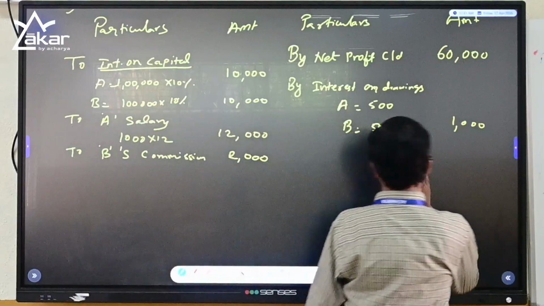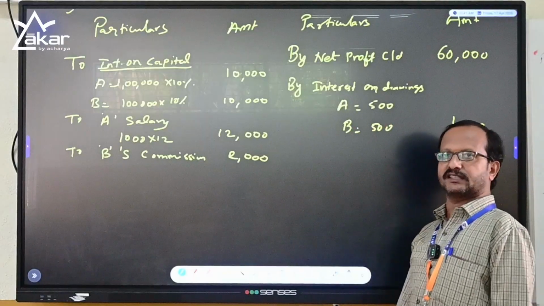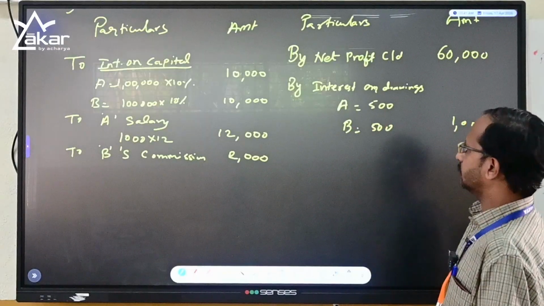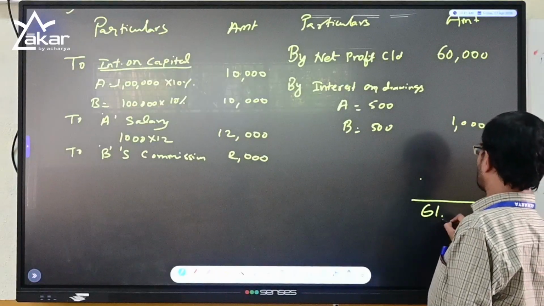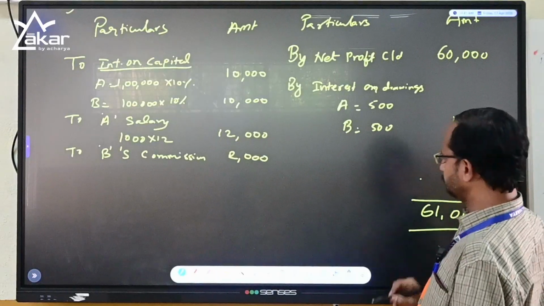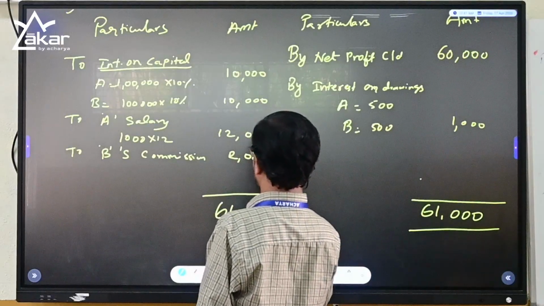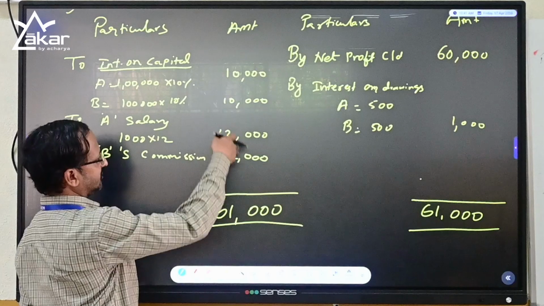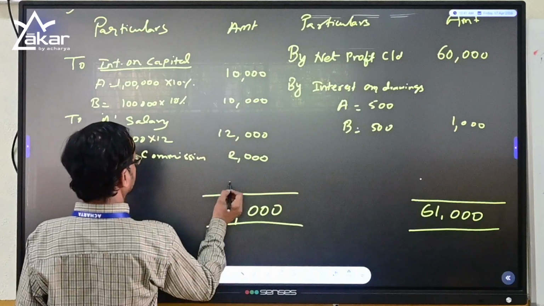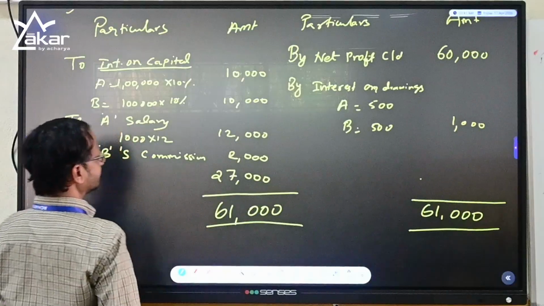So as I told, there will be a maximum of 2 incomes and a maximum of 3 expenses. When we consider this, the total is 61,000 on the credit side. As per the accounting principle for ledger accounts, the total of debit and credit should be equal, 61 and 61. So 34 is going out, and 27,000 is the remaining.